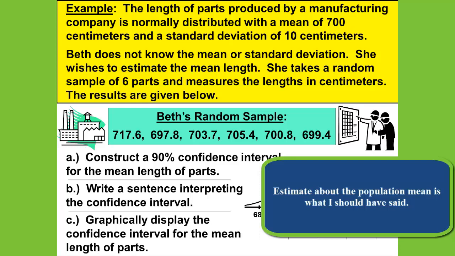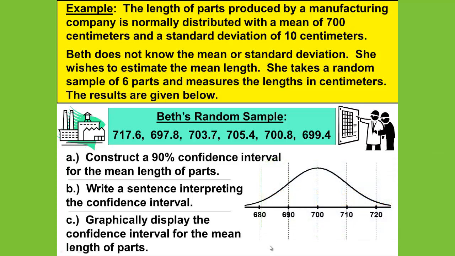And we've done it kind of backwards to explore this problem. We have these 3 parts to this example: the interval, the sentence, and the graphical display of that interval.